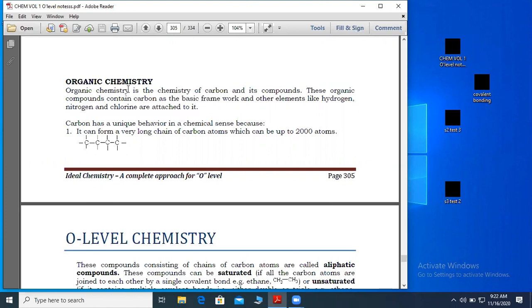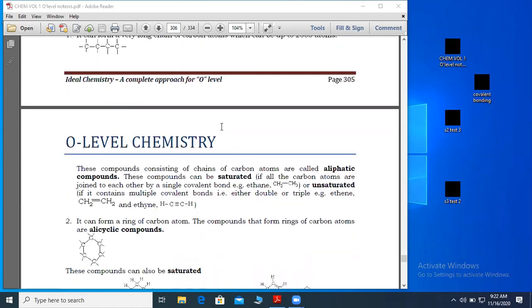But now I am going to point out only the most important areas. So whatever I don't talk about, don't concentrate on it. That one is for senior 5. We shall look at it more in senior 5. And remember, you promised me that you are all going to do chemistry in senior 5. So we shall meet there. So organic chemistry is the chemistry of carbon and its compounds. These organic compounds contain carbon.